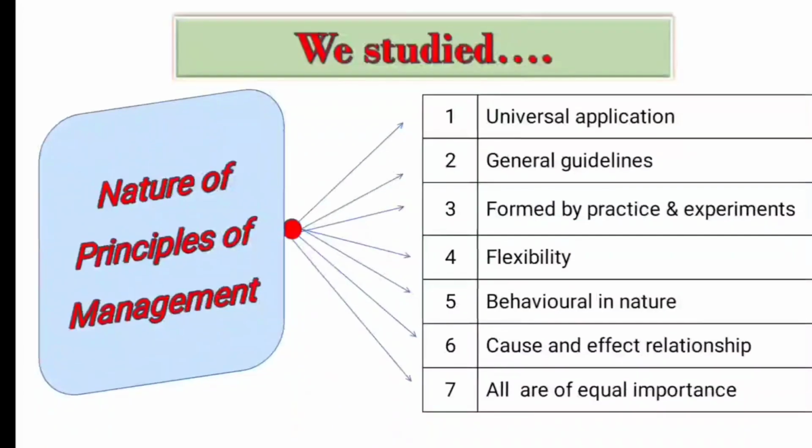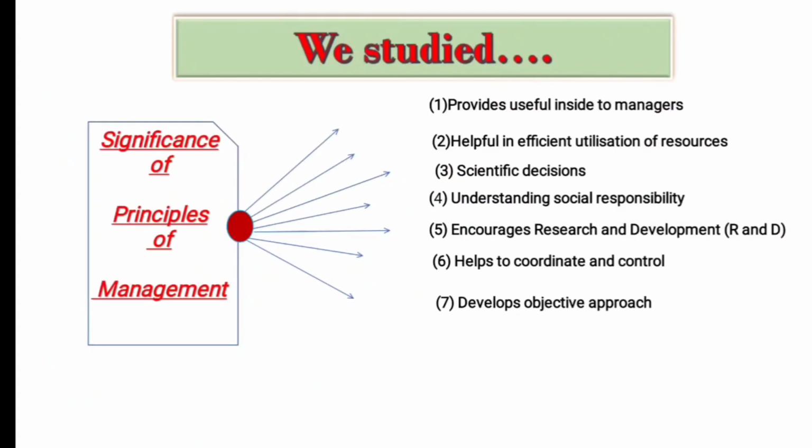In this way, we have completed the first chapter, that is Principles of Management. In this chapter, we studied the nature of principles of management. We saw 7 natures of principles of management. Then we understood the significance of principles of management, which are 7 in number.